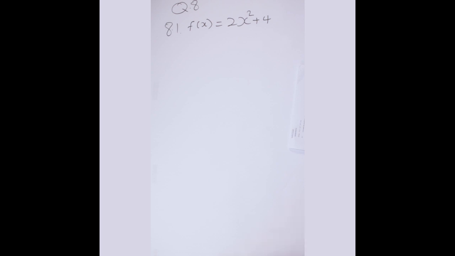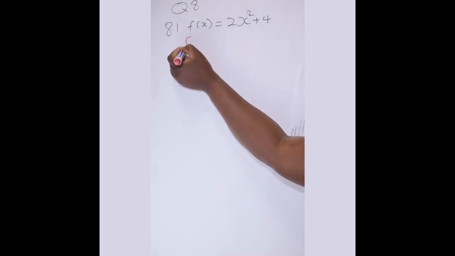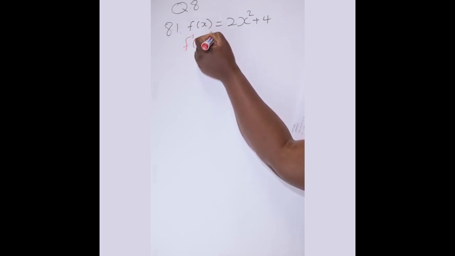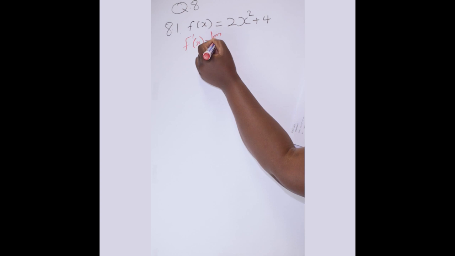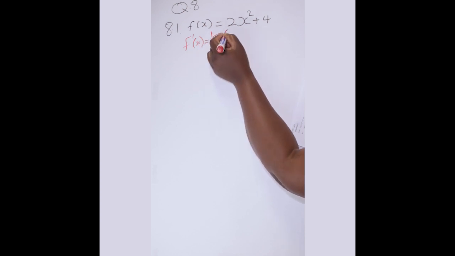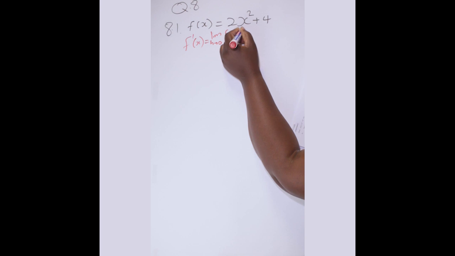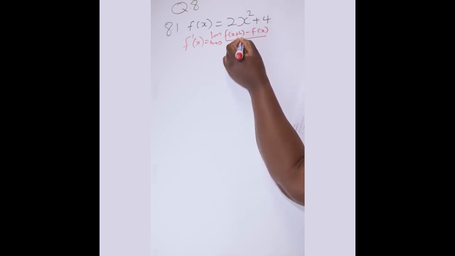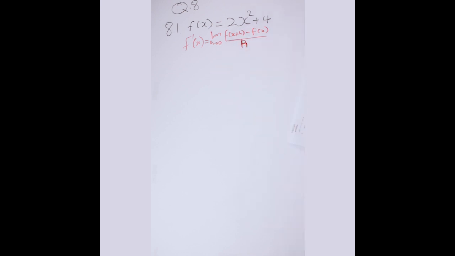The formula is written as the first derivative of f equals the limit as h approaches 0 of f of x plus h minus f of x, all divided by h. That is your formula from the formula sheet. You just have to go back or in front wherever you find it, and then you recopy it and put it there so that you can follow.